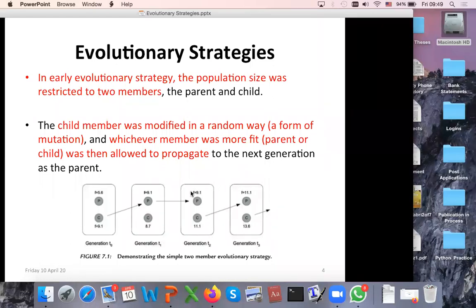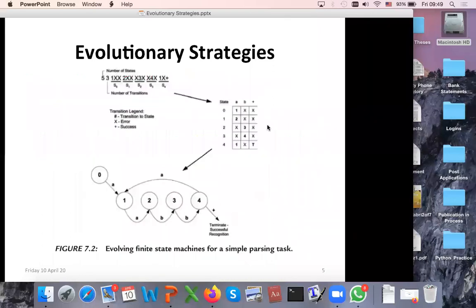In this concept there is a concept of string, because these members that we have in this generation could be represented by strings at that time. So there is a concept of strings in these evolutionary strategies. That's why this slide is giving you this information about the strings. This is one way to represent strings. There may be different representations for the string, but this is one way.